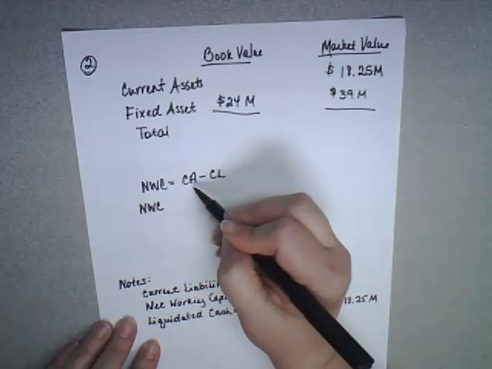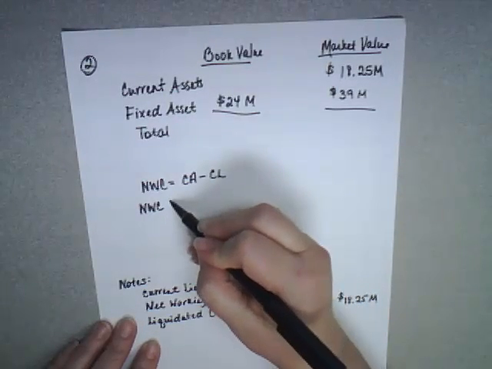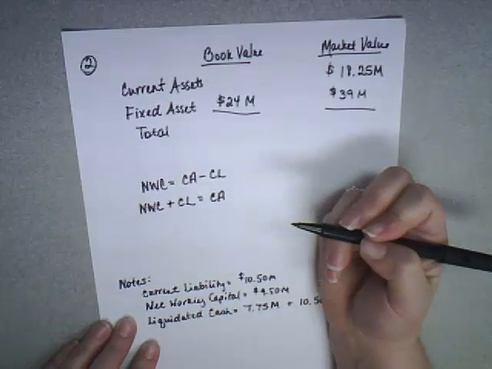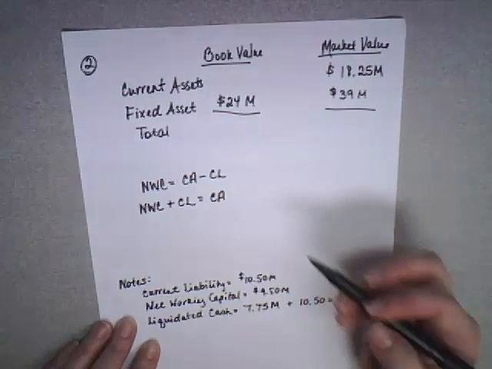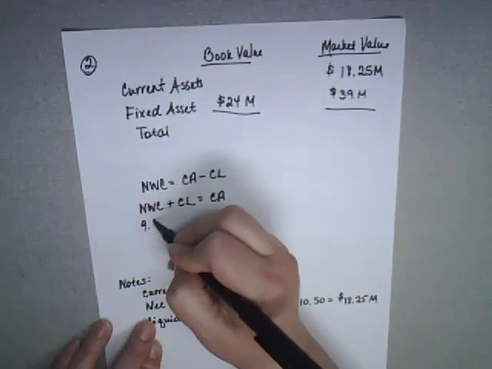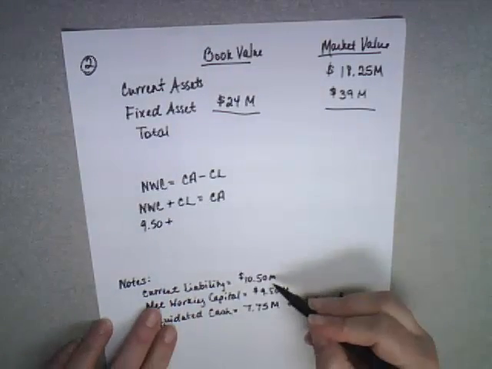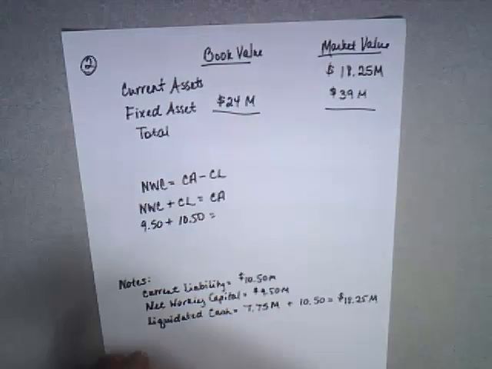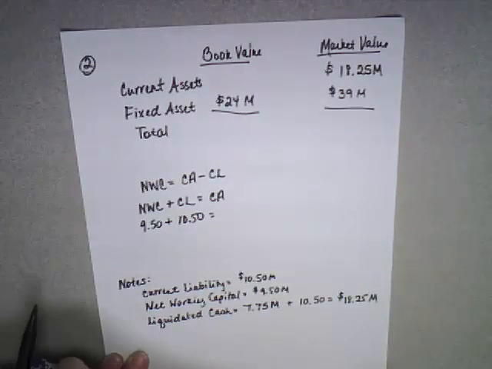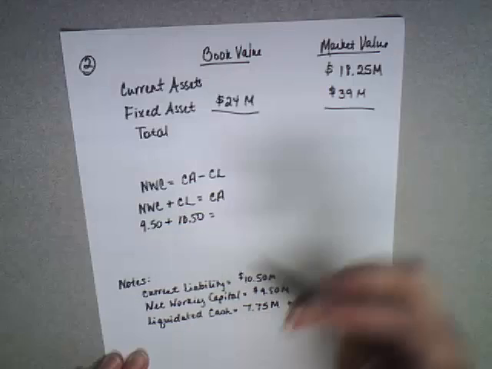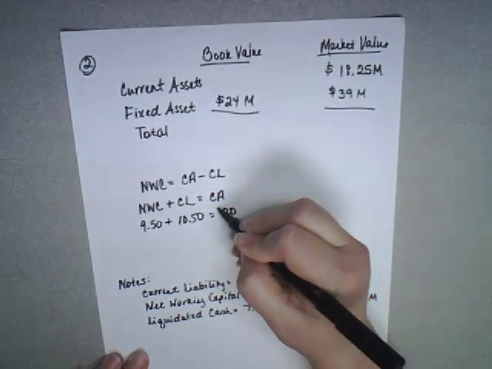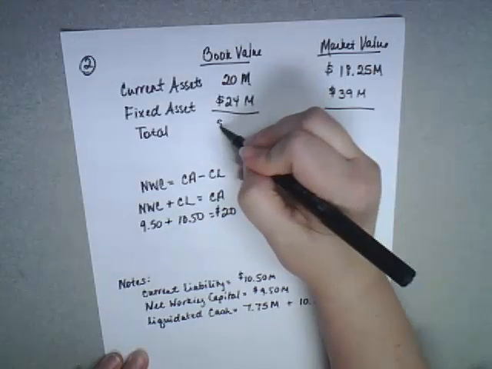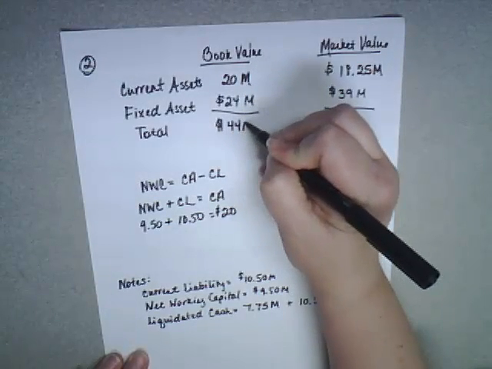If we're going to solve it for current assets, we would add the current liabilities to both sides. We know that our net working capital is 9.50, and our current liability is 10.50, and when we add those two together, we end up with 20 million, which gives us a total book value of 44 million.